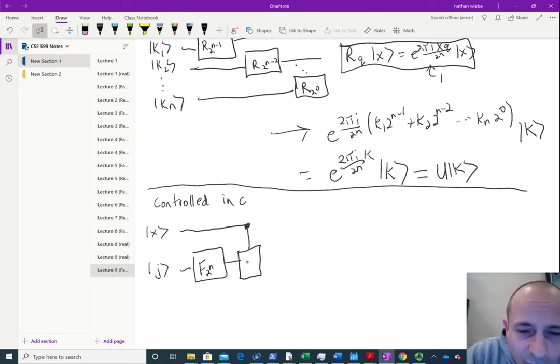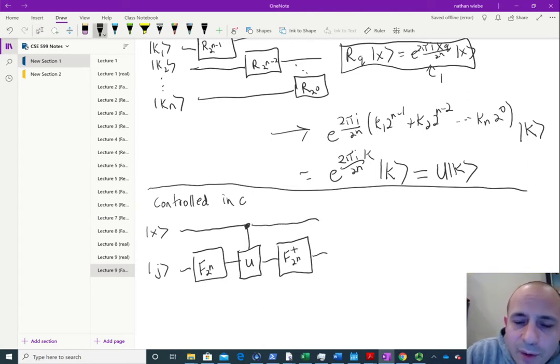Then we do a controlled U operation, and we undo the transformation over here. Okay, so we can very quickly see that this will yield a controlled incrementer, as in, for every input, it will end up yielding x and j plus x mod 2 to the n.